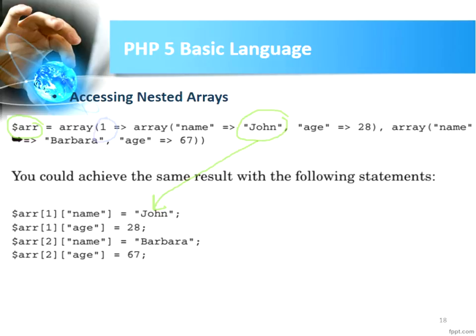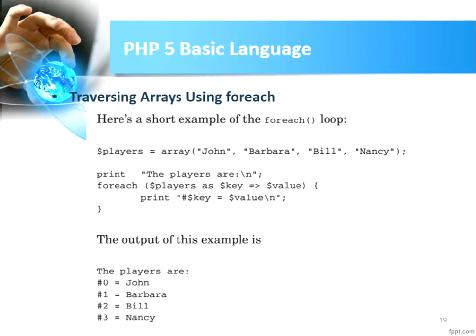For example, I want to get this value, John. To get this value, I write the same name, and after that the index here and the second index here. So array 1 name gives me the value John. Is it clear?